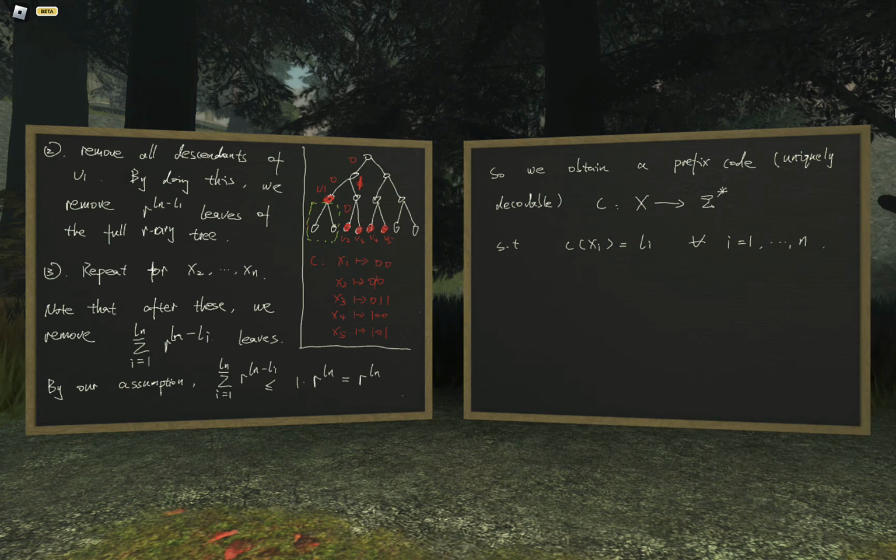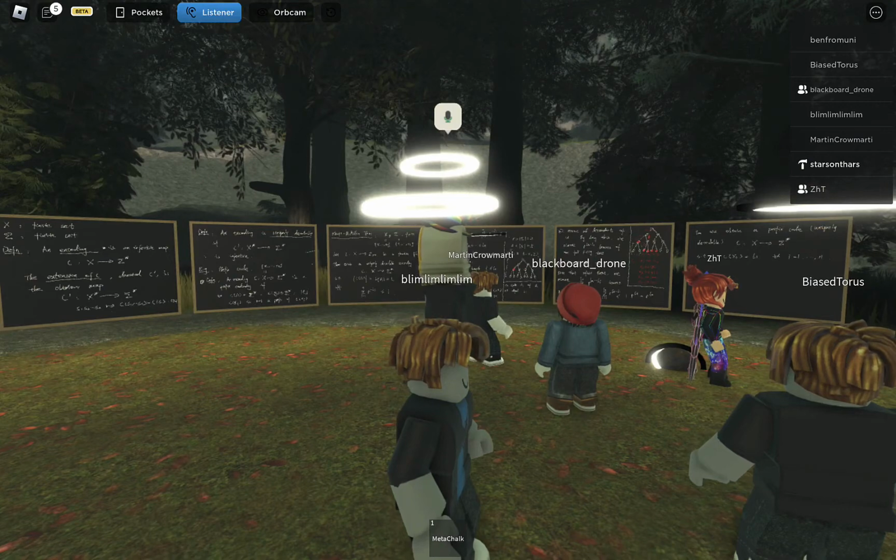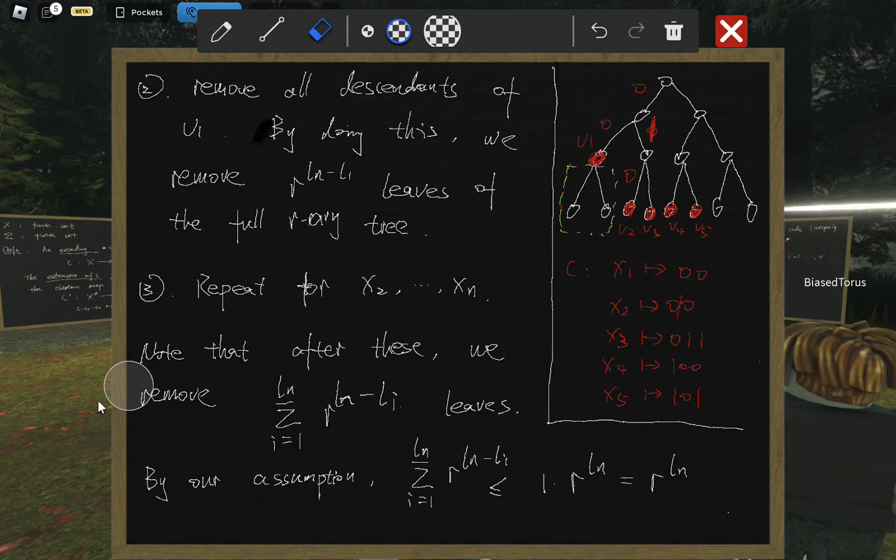Are we happy with this proof? Wait, I think I missed the inductive step there somewhere. So that sum is less than or equal to r to the ln. But yes, so what? Why put r to the ln there?